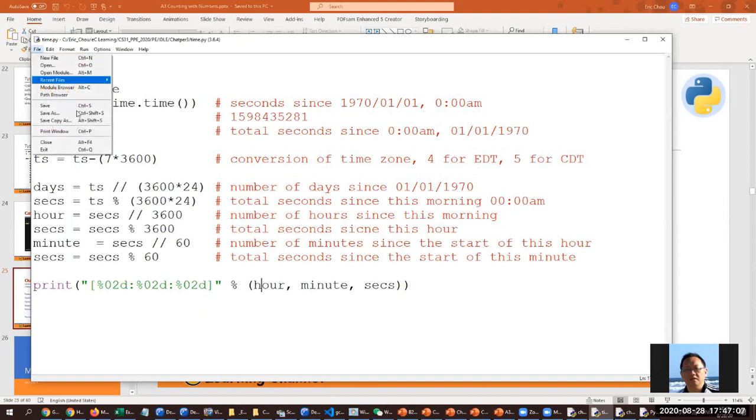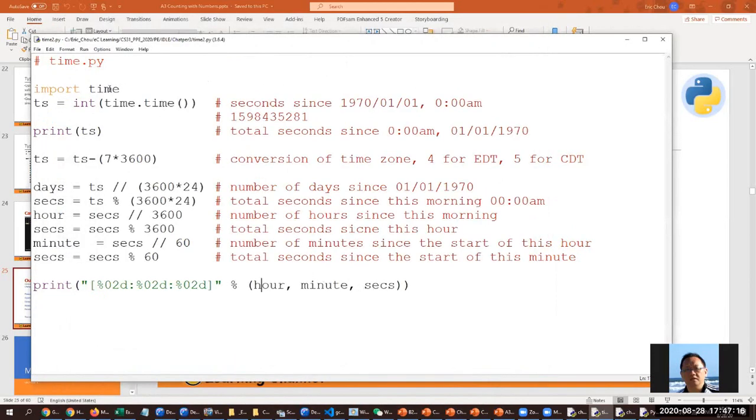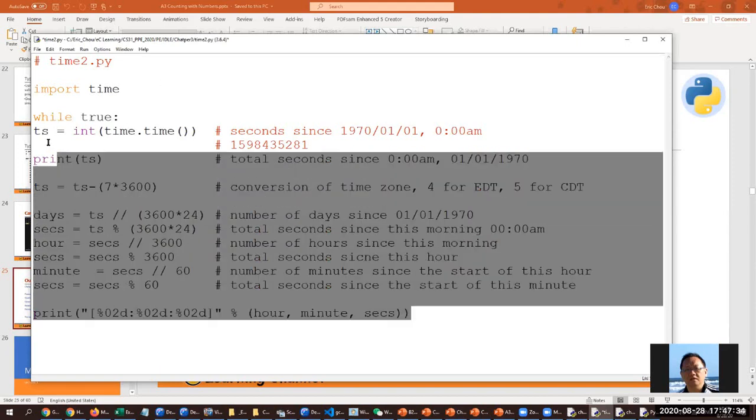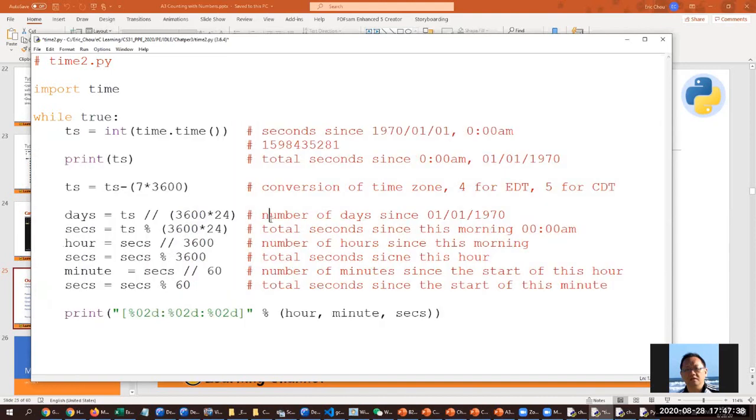So this one, time.py, let me save as time2.py. I actually changed to time2.py here. And then I'm going to put this over here. I'm going to do while true, and I just push everything inside here.